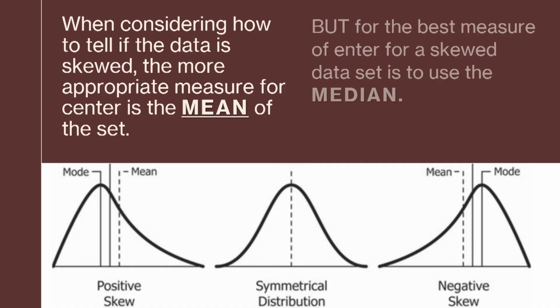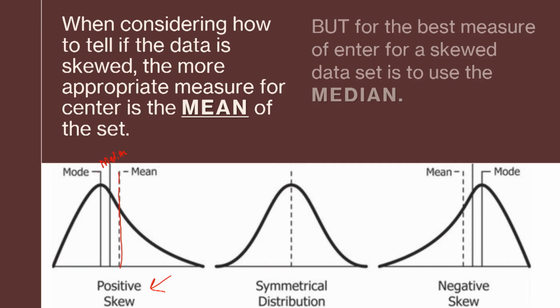And then the best way is to use the median, because sometimes the mean, or the average, is not going to be the median. So right here, when we see skewed right, or positive skew, here's our mode, which is the most. Here's our mean, which is a little off from our median.